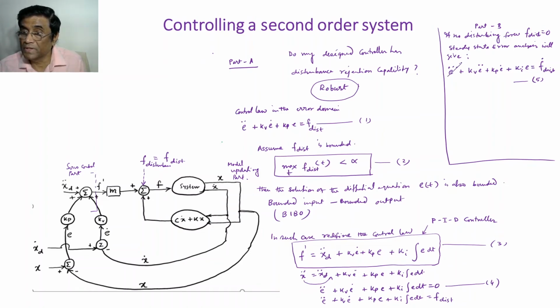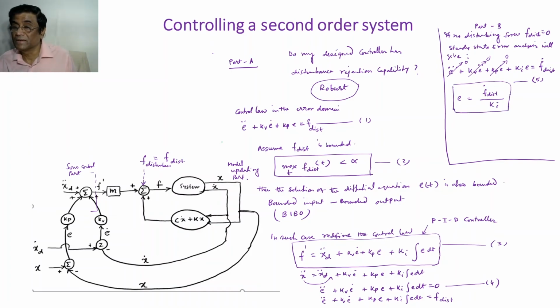So all the time related terms will be 0, this is 0, this is 0, this is 0. So what is the error now? Error will be equal to the derivative of the disturbance force divided by Ki, right? So you now see the error is now steady state, there will be some error, which is given by this.